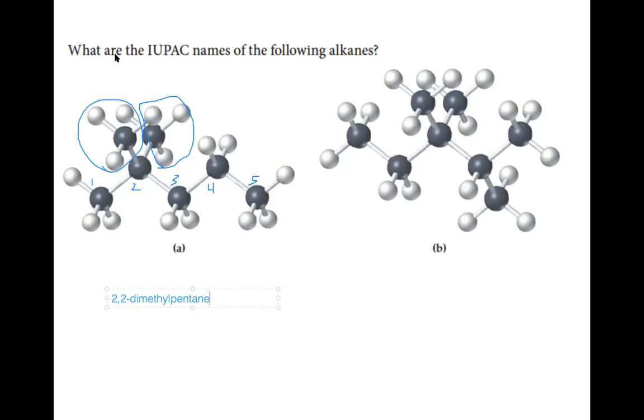Now, what about B? So let's see. 1, 2, 3, 4, 5. 1, 2, 3, 4. So we could number it like this. 1, 2, 3, 4, 5. We could take a slightly different path and go 1, 2, 3, 4, 5.